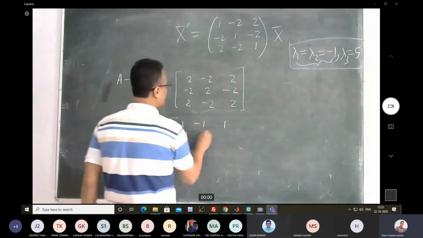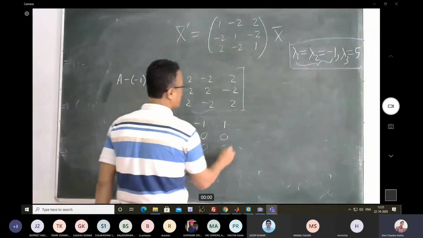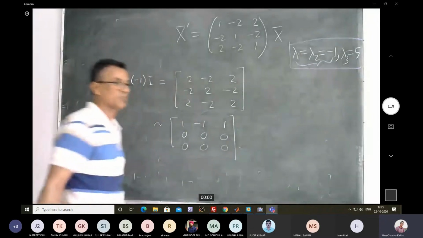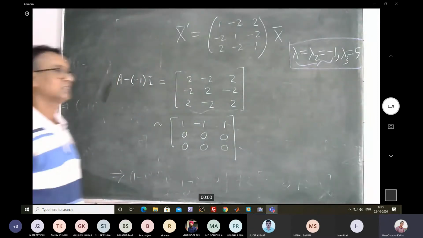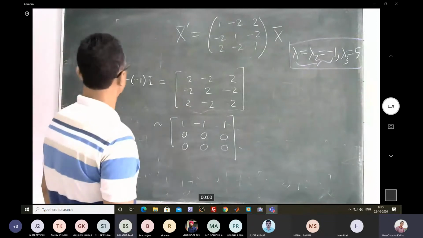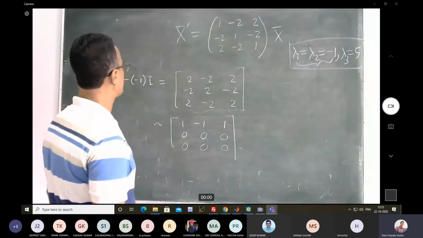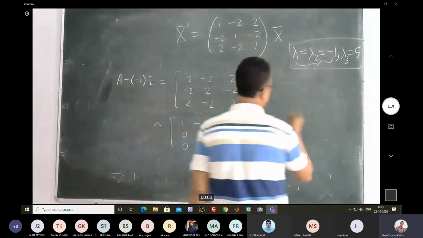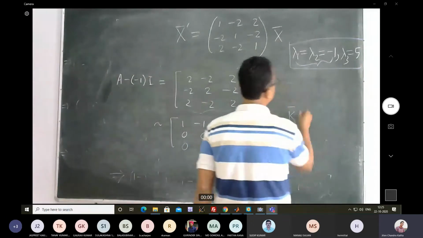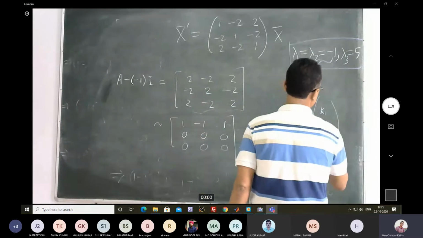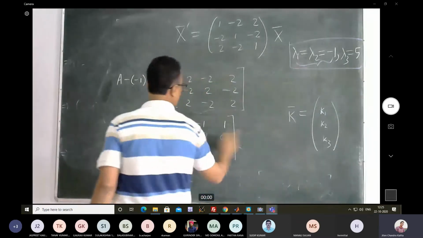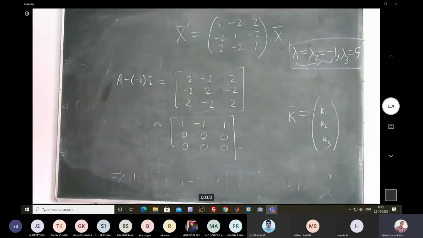So basically, second row and third row are going to vanish after a series of row transformations, right? Is it okay with everybody? Fine? Yes, sir. Right? So you simply see by now, in fact, I am trying to find an eigenvector. It is like k1, k2, k3, right? So now you have this.